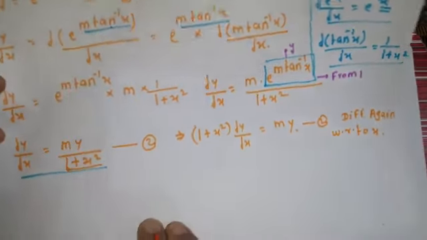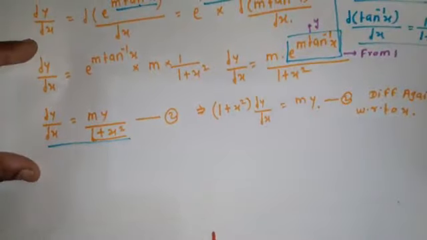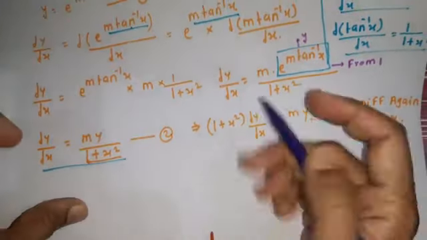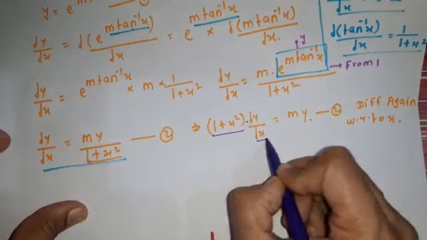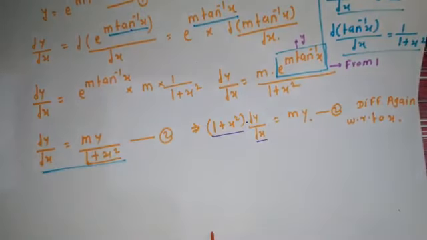We get, okay, this is a u into v function. This is one function, this is another function, by the u into v rule.